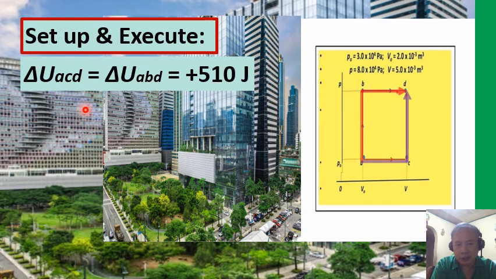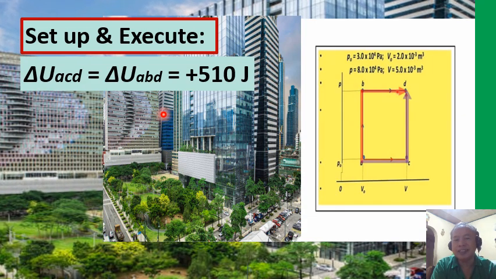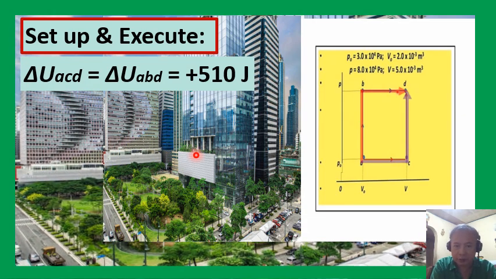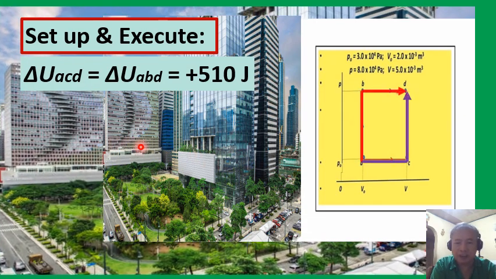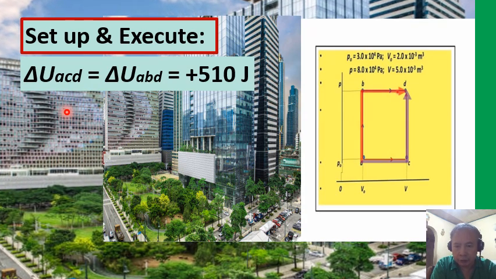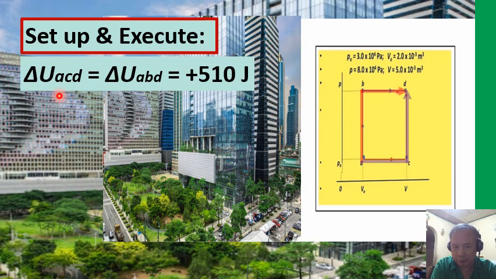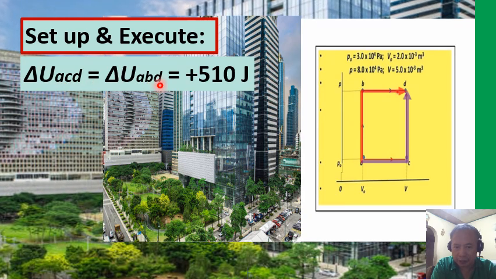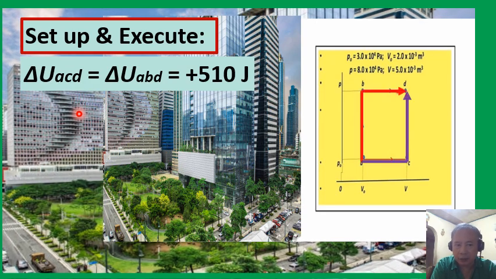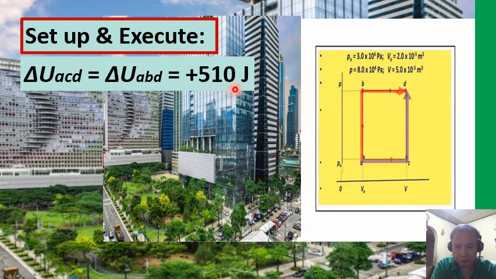This is because delta U, or the change in internal energy of any system, is a state function. A state function means it is independent of the path taken by the process. So whether it is along the path ACD or along the path ABD, as long as their initial and final states are the same, their change in internal energy is the same.